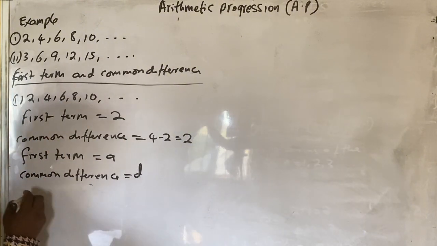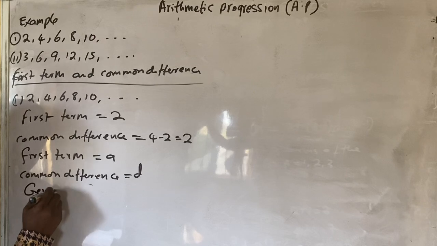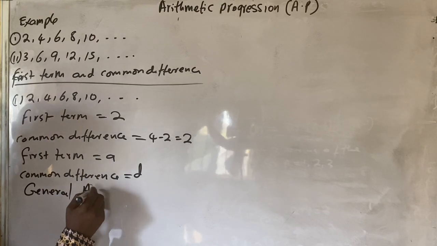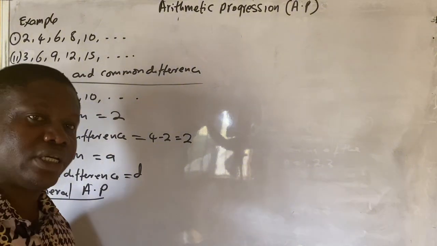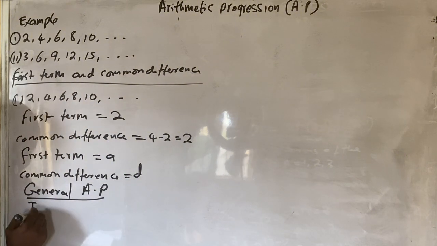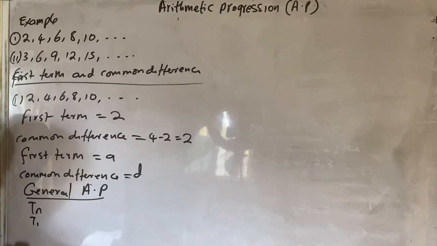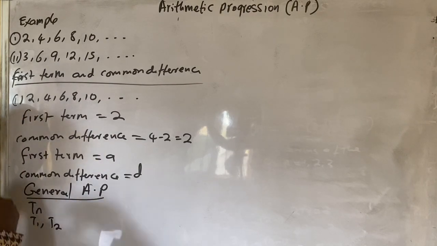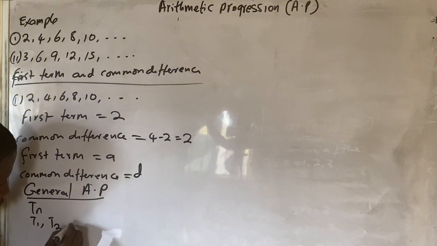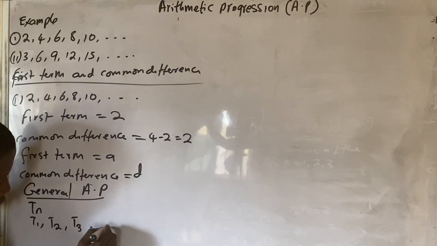So let's look at the general arithmetic progression, the general AP. The nth term of an AP is represented using Tn. So that means our first term can be represented using T1, our second term using T2, and our third term using T3, and so on.